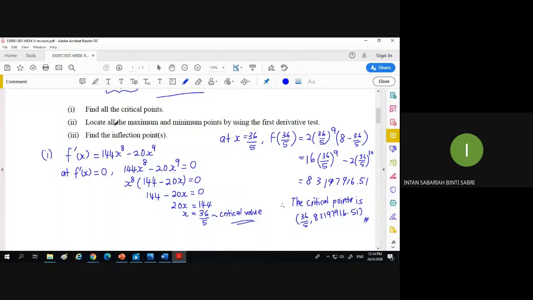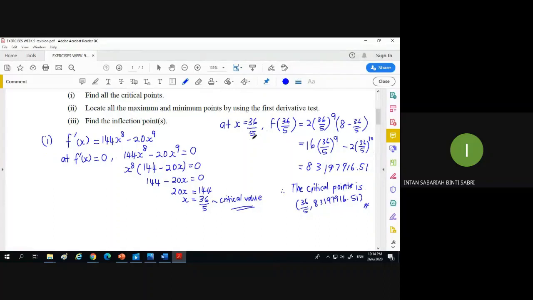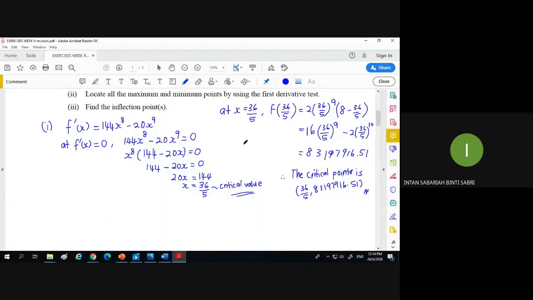Okay, number 2: locate all the maximum and minimum points by using the first derivative test. When we say first derivative test, you have to know that you have to construct a table. The table should consist of 3 elements. For x, where do you take it from? From here, you have 36/5.